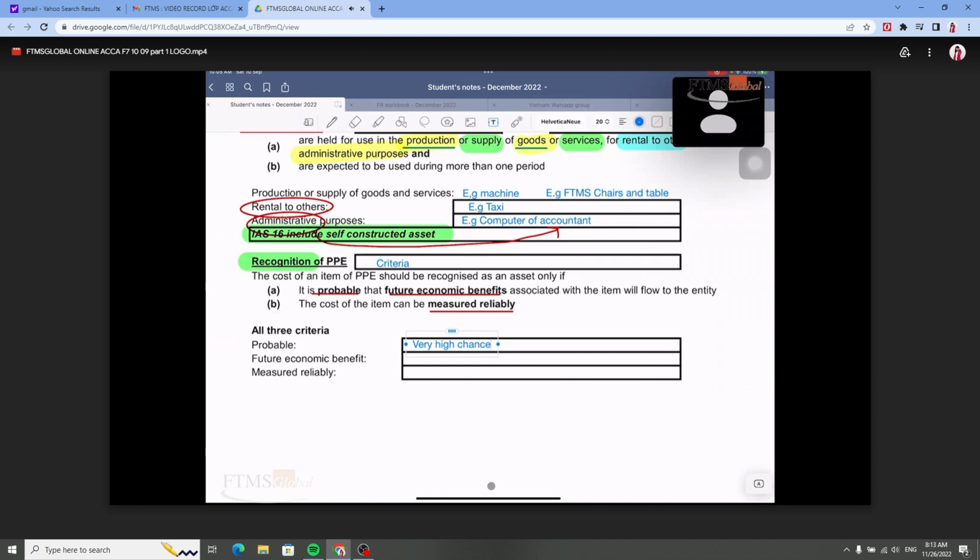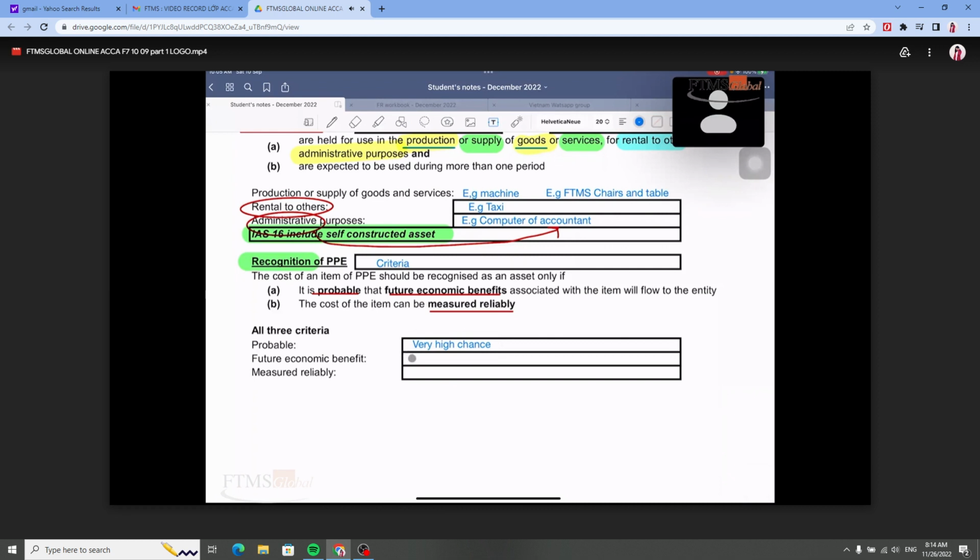Right, then next we have future economic benefit. You will see this many times throughout financial reporting. Whatever financial reporting paper you will be studying, you will see the words future economic benefit.